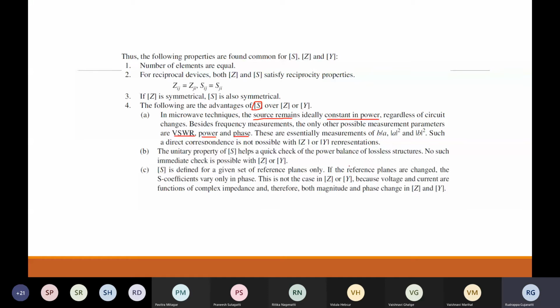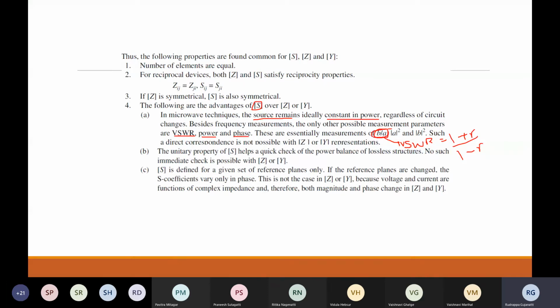This is nothing but B by A, and you can observe that this gives you the reflection coefficient. From the reflection coefficient, I can obtain the VSWR value. If you remember, it is given by 1 plus reflection coefficient divided by 1 minus reflection coefficient.